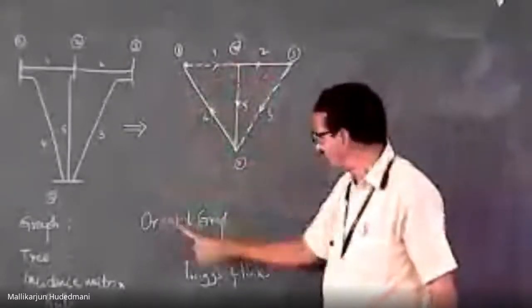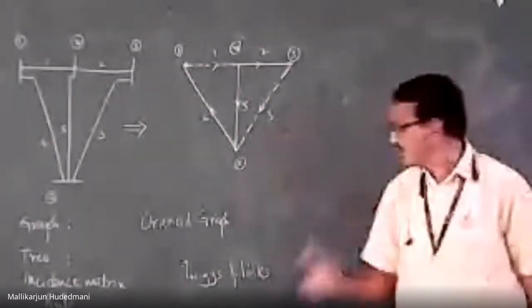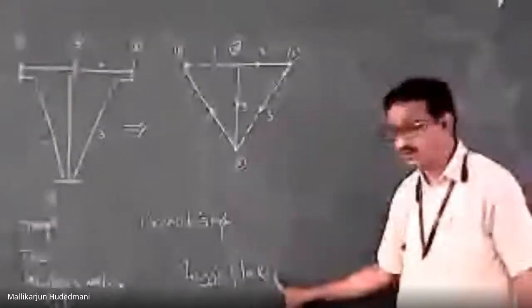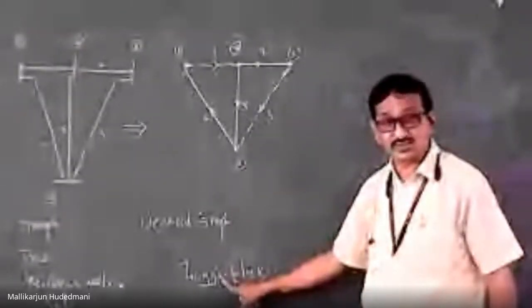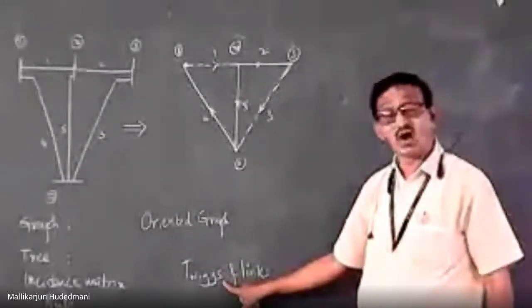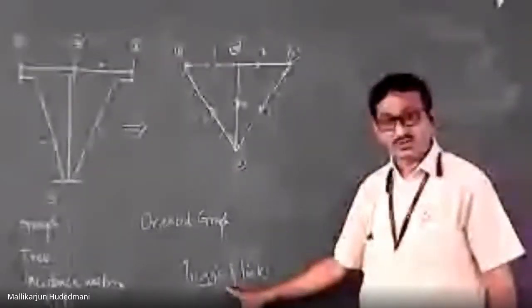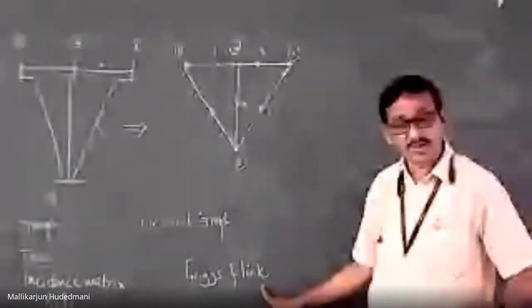Therefore, the elements of the representation which are put with a dotted line are called links. The elements which are solid are called twigs or branches. Often, a number of solid lines are represented as dotted lines to form a tree.